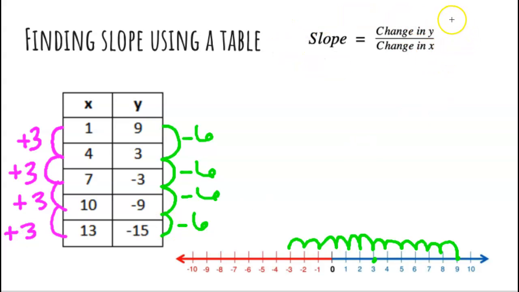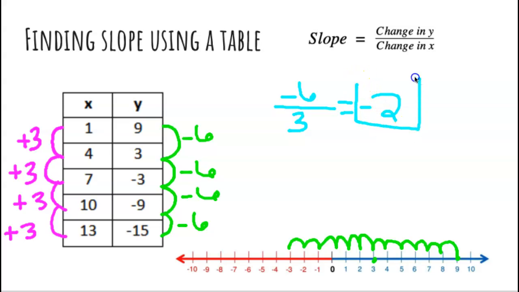Slope equals change in y over change in x. My change in y is -6, and my change in x is 3. And then 6 divided by 3 is 2, but I have a negative divided by a positive, so my answer is going to be -2. So my slope for this table is -2.